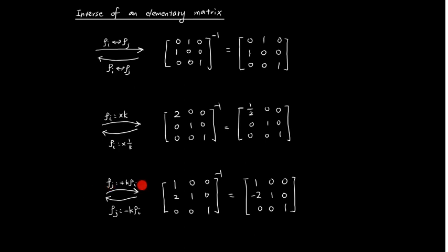If you add k times row i to it, then you can remove k times row i to get it back. So if you add 2 times row 1 to row 2, then the simple way is just to remove 2 times row 1 from row 2. So the inverse of that is simply adding a negative sign to this extra off-diagonal element.